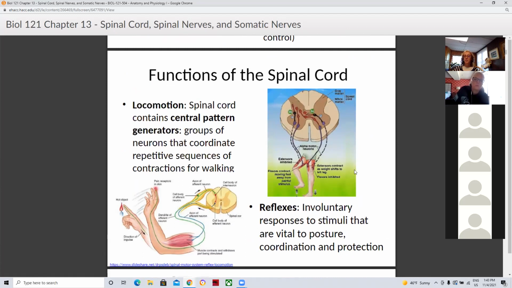Once you learn how to ride a bike, you don't tend to forget. Reflexes. So the spinal cord also is key to reflexes, which are involuntary responses to stimuli that are vital to posture, coordination, and protection, maintaining homeostasis.